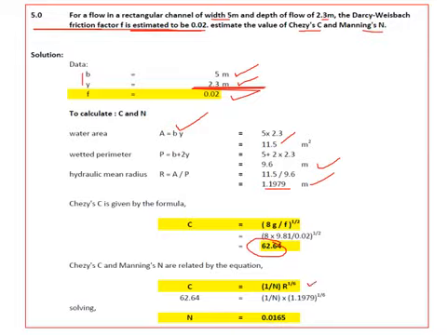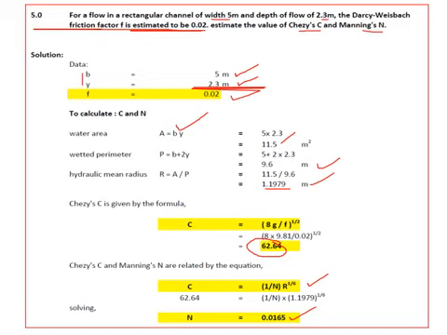I had derived the relationship between C and n. So using C here and the r here, you can calculate the value of n. So the corresponding value of Manning's roughness coefficient is 0.0165.